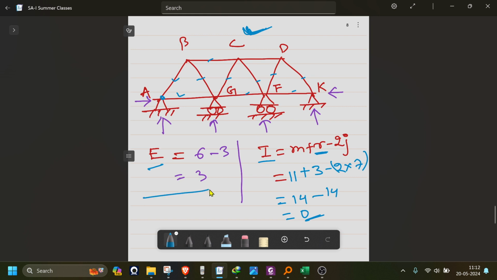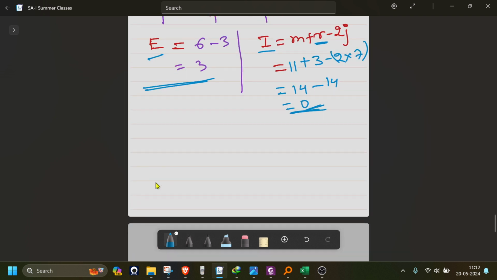External indeterminacy is 3, internal indeterminacy is 0. So I am asking, what is the degree of static indeterminacy for this structure?